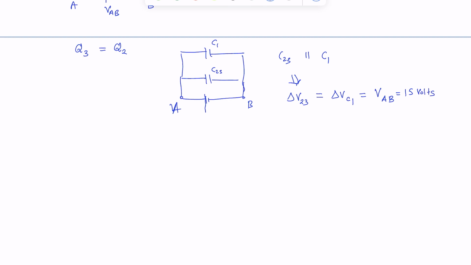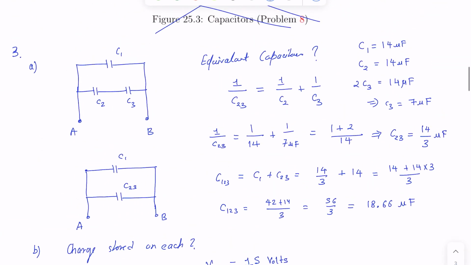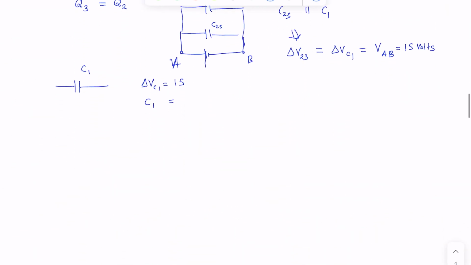Let's focus on C1 now. We're also going to use the fact that Q2 equals Q3, because capacitors 2 and 3 are in series. So we have this capacitor right here, C1, the voltage across it is 15 volts, delta V of C1 equals 15, and the capacitance C1 is equal to 14 microfarads.